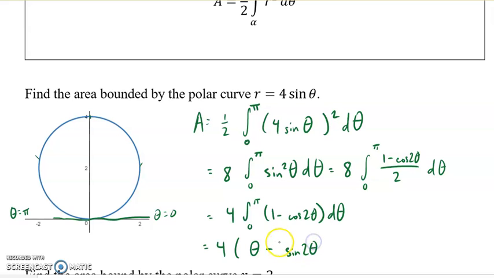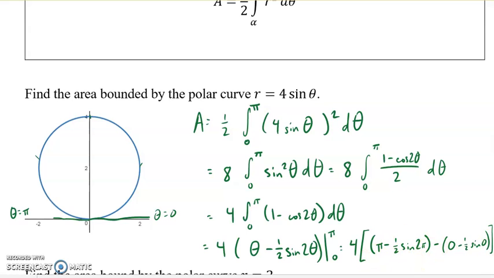The argument doesn't change, but we don't forget to un-chain-rule it. And we'll evaluate that at pi and at 0. So we've got 4 times theta minus 1/2 sine of 2 theta is pi minus 1/2 sine of 2 pi. And then when we evaluate that at 0, we get 0 minus 1/2 sine of 0.